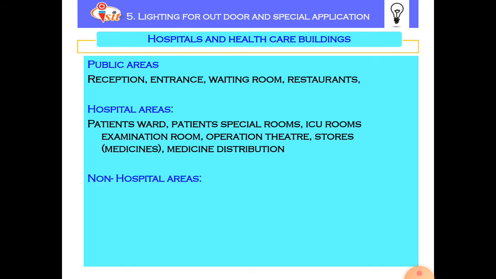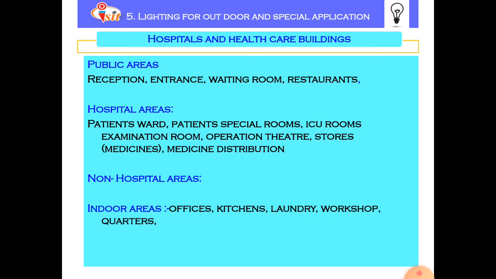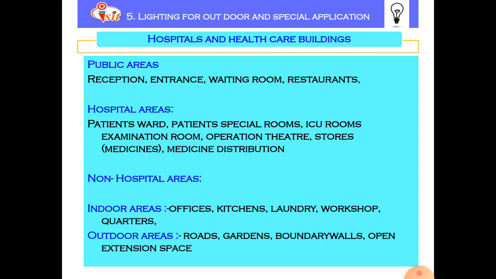Now, the non-hospital areas are again classified into two, that is indoor area and outdoor area. The indoor areas are offices, kitchens, laundry, workshop, quarters. Then the outdoor areas are roads, gardens, boundary walls, and open extension space which is included in the hospital area.